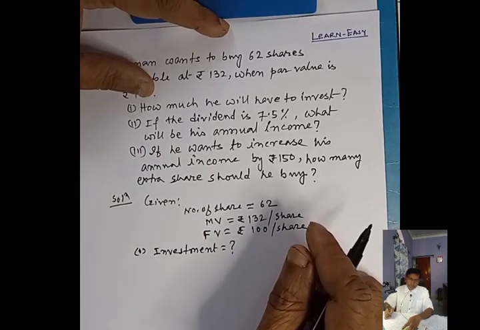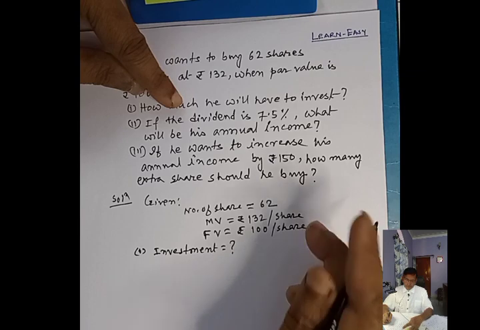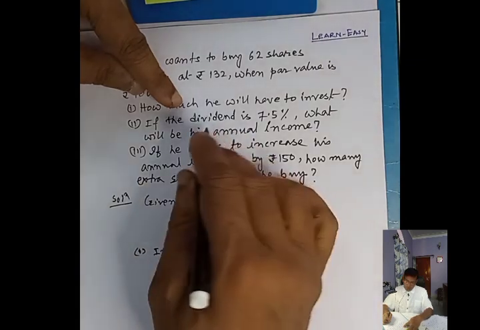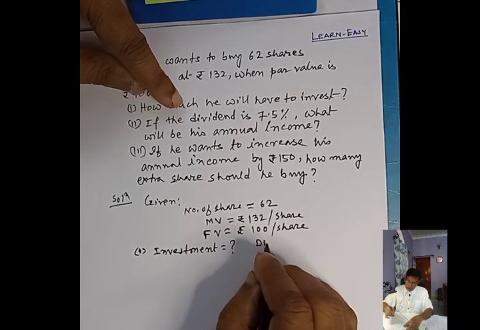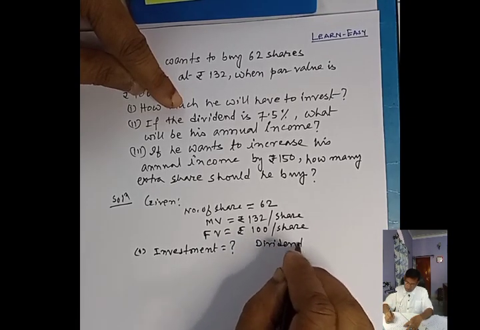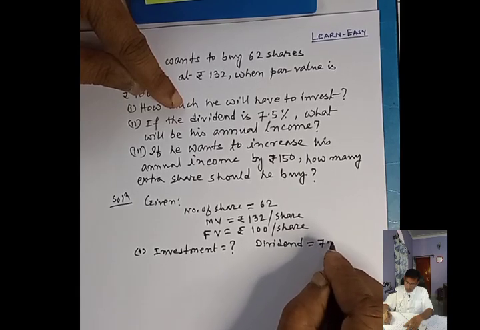So for number 2, again dividend is given. Dividend is equal to 7.5%. This dividend is always on face value.